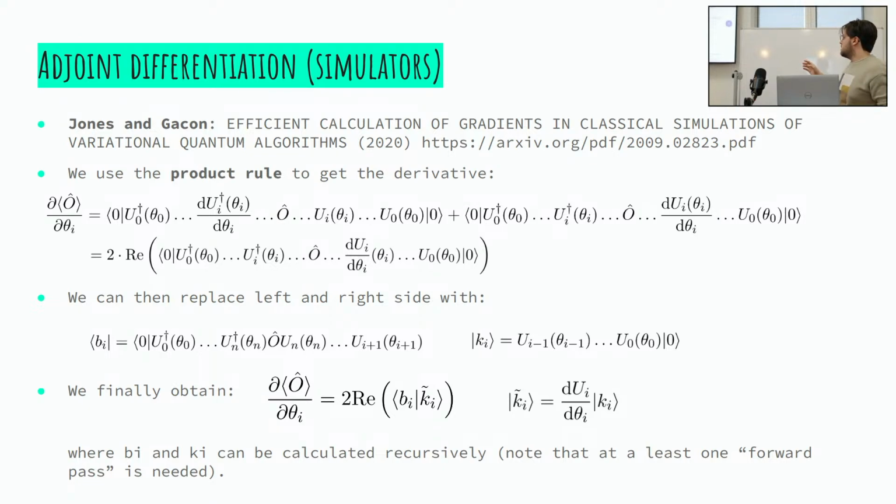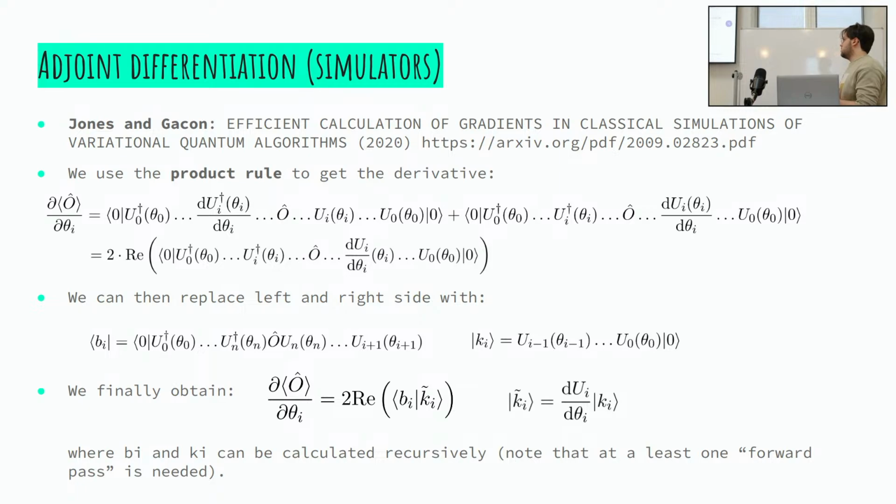Then after that, you have Ky, that is everything that is on the right of your derivative. And you see that finally the derivative here of your measurement is only twice the real part of the overlap of the two states. And that's very practical now because you can calculate those states recursively.